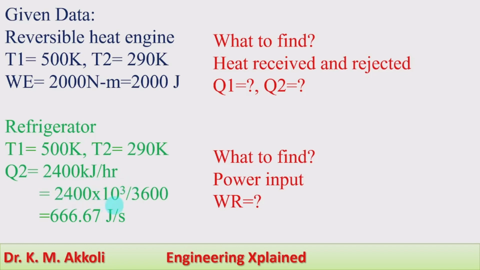That is 2400 into 10 raised to 3 by 3600, that is equal to 666.67 joule per second. This is converting kilojoule per hour into joule per second. What we have to find for this refrigerator? Power input required for the refrigerator, WR, we need to find out.